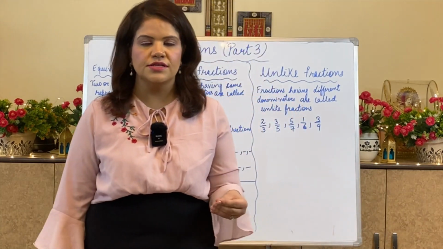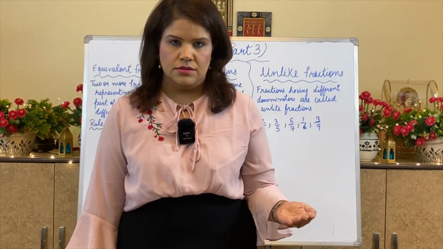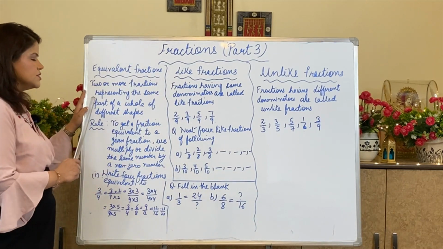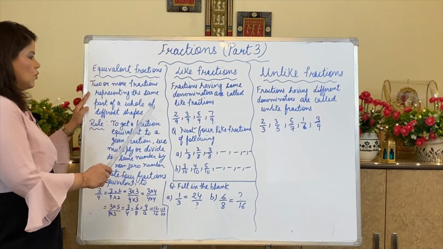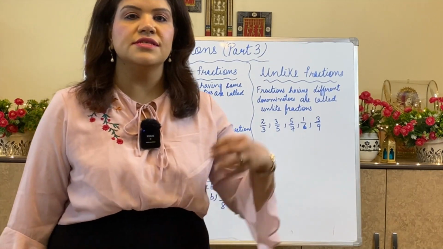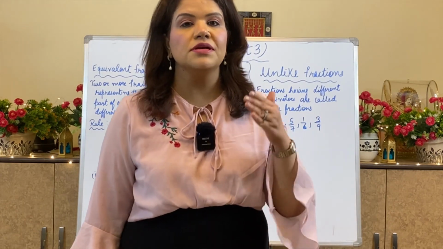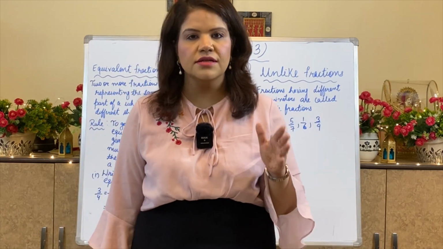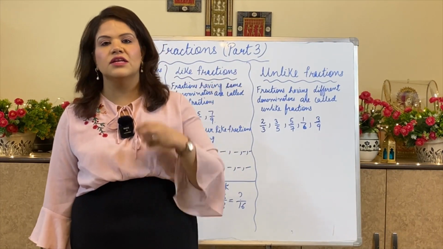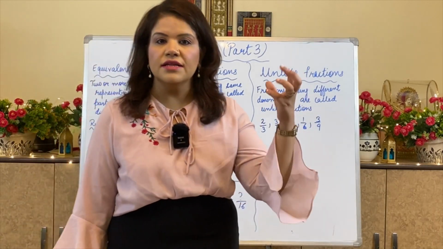As the name suggests, equivalent fractions means fractions which are equal. So, two or more fractions representing the same part of a whole, of different shapes. They are representing the same part. When we change them into their simplest form, they are representing the same form. Simplest form means they are getting divided by the same number, and we get the same simplest form.